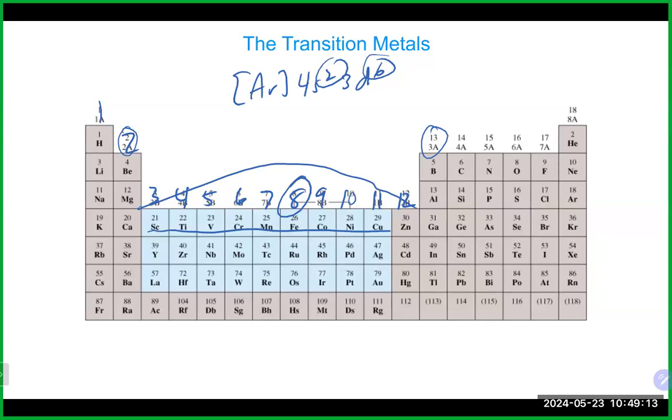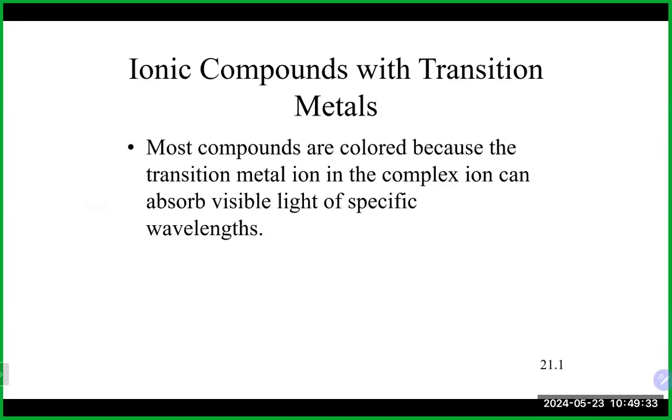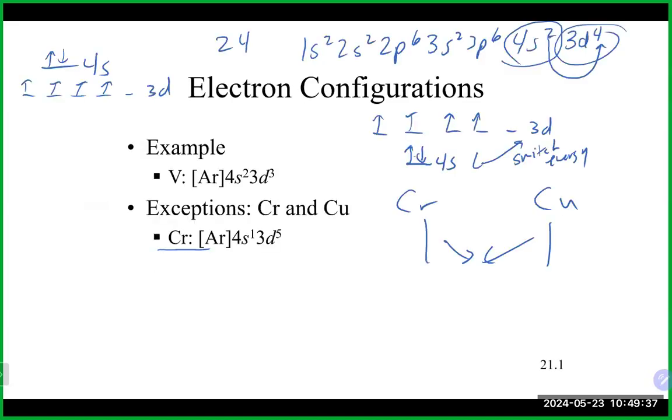Same thing there with our chromium that we saw, argon 4s1 3d5, 5 and 1 is 6, chromium group number 6. So that is in terms of the valence electrons availability for transition metals, although we never get anything with like a +12 charge or anything like that. But it does have those available to them.